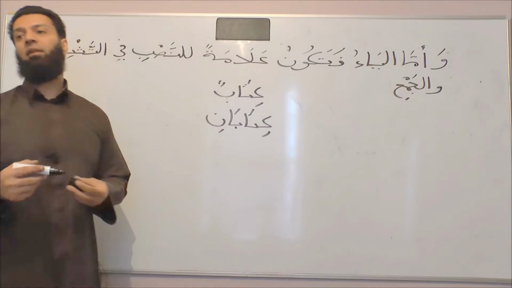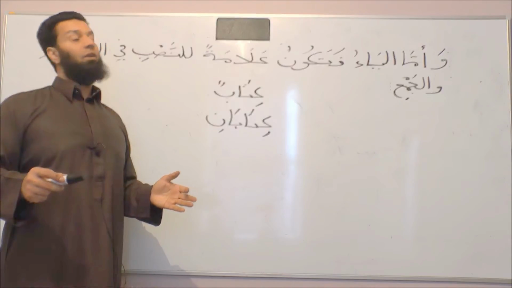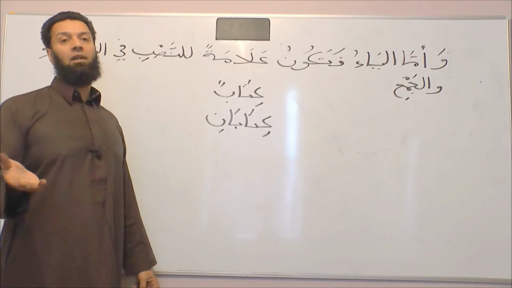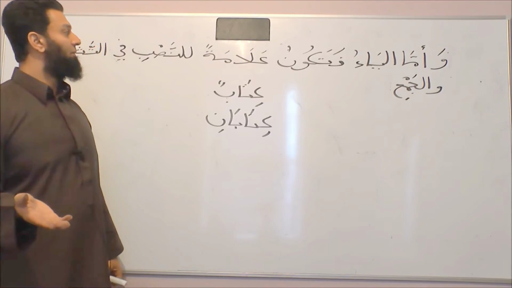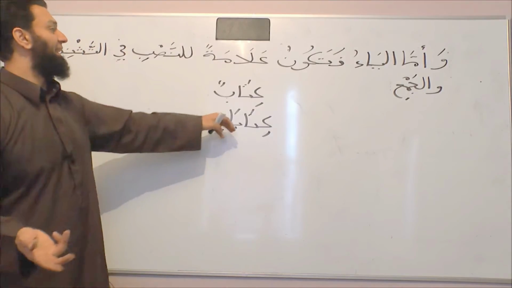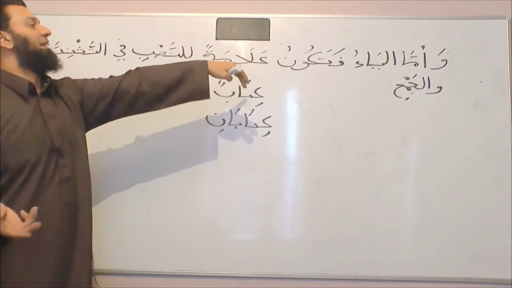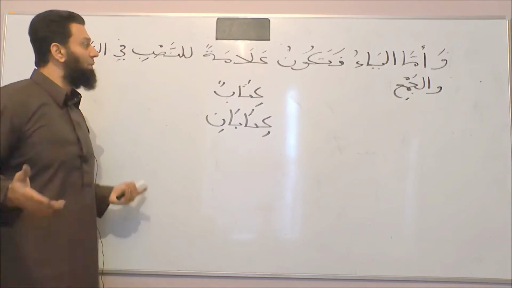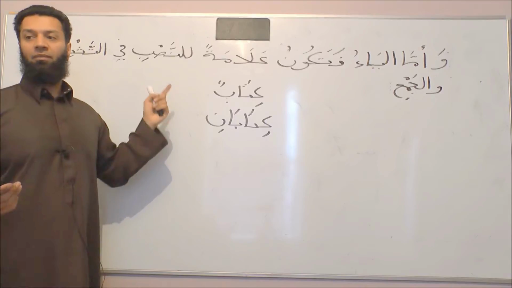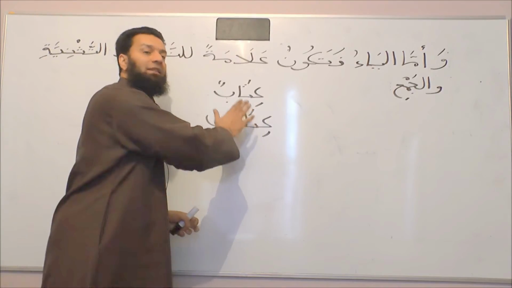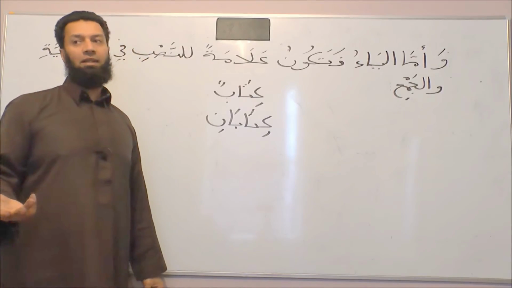It's marfu', because of the alif. It can't be mansub because of the alif, because we've already said وأما الياء, the dual. As for al-ya'u, that's the alamatan li-nasbi. It would be kitabaini if it was mansubun. So what state is kitabani in? Marfu'un.